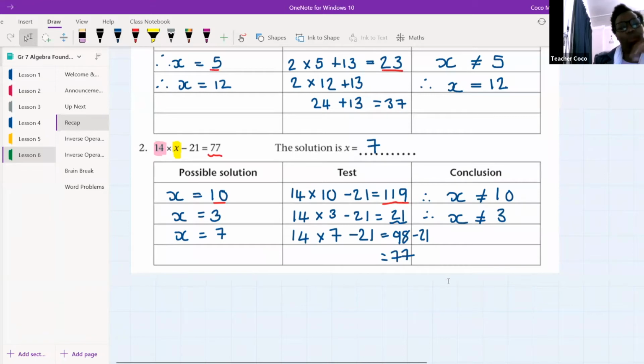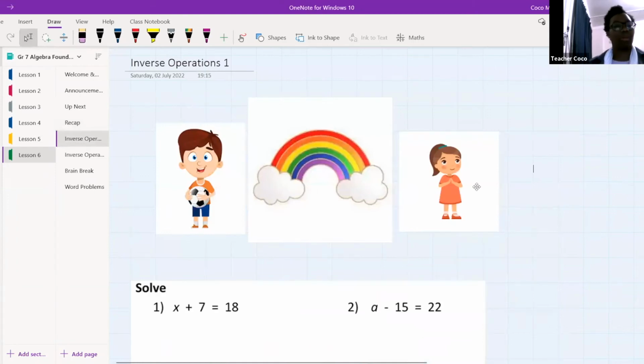All right, guys. I hope we're getting this. And if you're still a little bit lost, that's okay. These get really tricky, but we're going to be doing inverse operations today, and that's going to make it so much easier for us to get the correct answer. So I'm going to show you what inverse operation looks like, and I hope you guys are seeing these lovely little pictures that I've got on the screen.